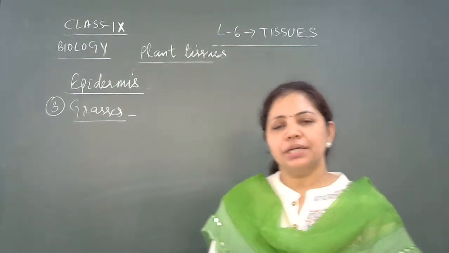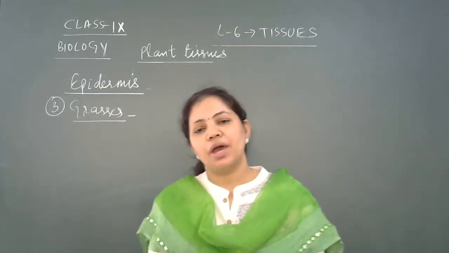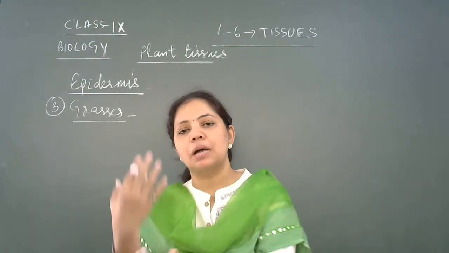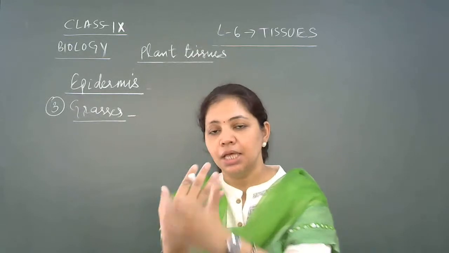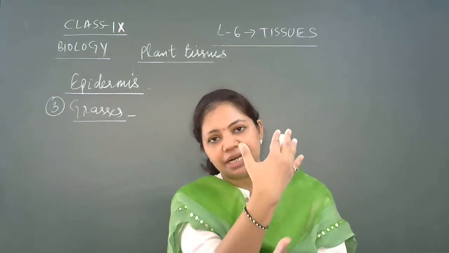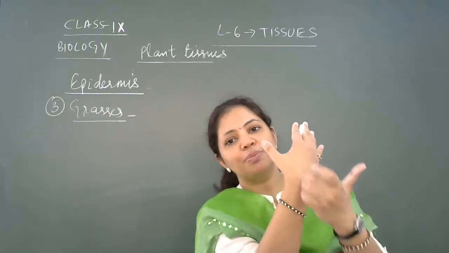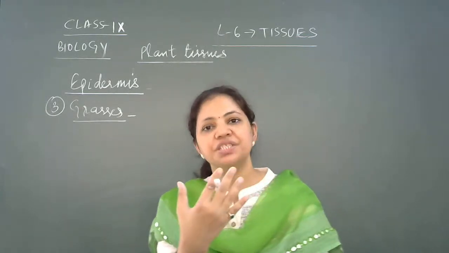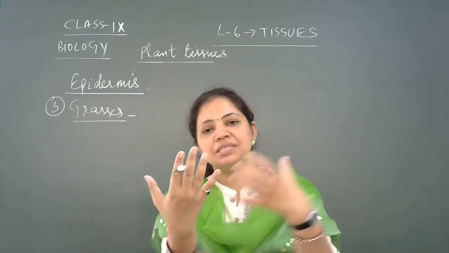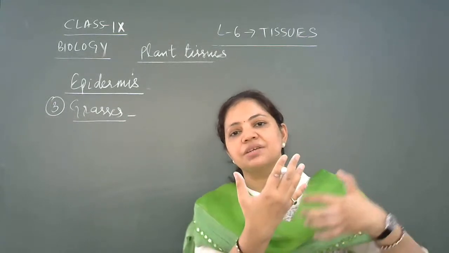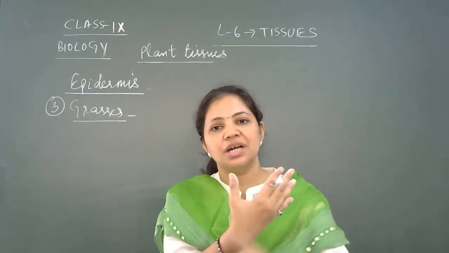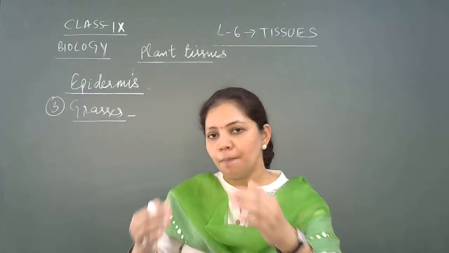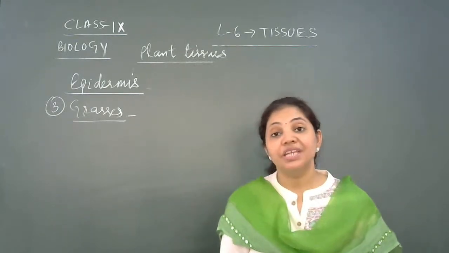Sometimes it happens that accidentally when the leaf of a grass comes in contact with your skin, then your skin gets injured. It gets a cut, and from that cut bleeding starts. सबने एक्सपीरियंस किया होगा कभी ना कभी, कोई ग्रास है, कोई घास है, जब आपकी बॉडी से स्क्रैच होकर निकल जाती है, तो उस कट से ब्लीडिंग होती है. Means the margins of that grass are very sharp.